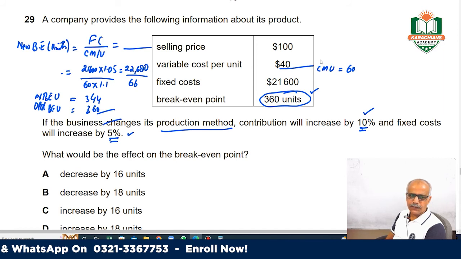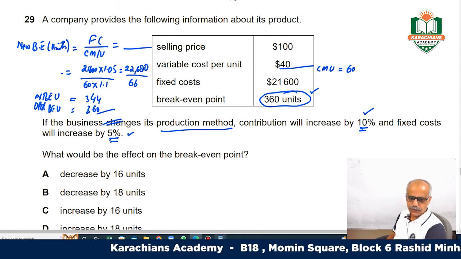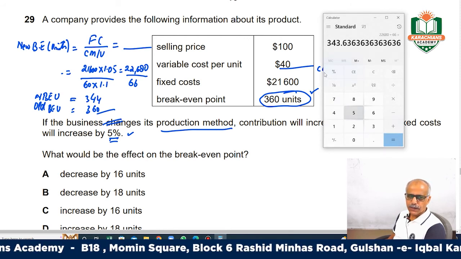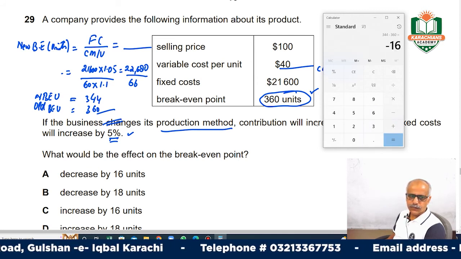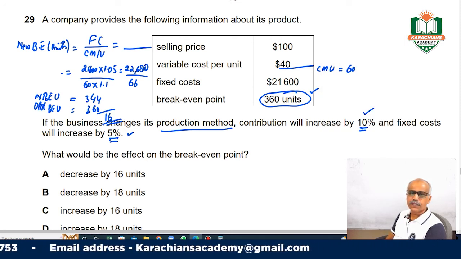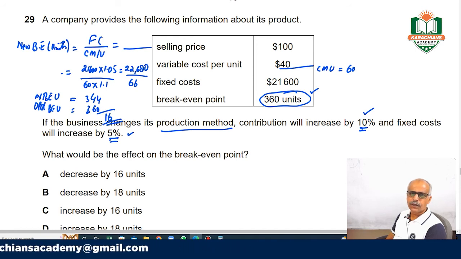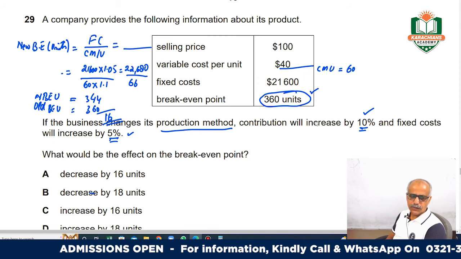So with this efficient method, your break even has come down. Between 344 and 360, the difference is 16 units, so from 360 it is reducing to 344 due to the efficient method of production.